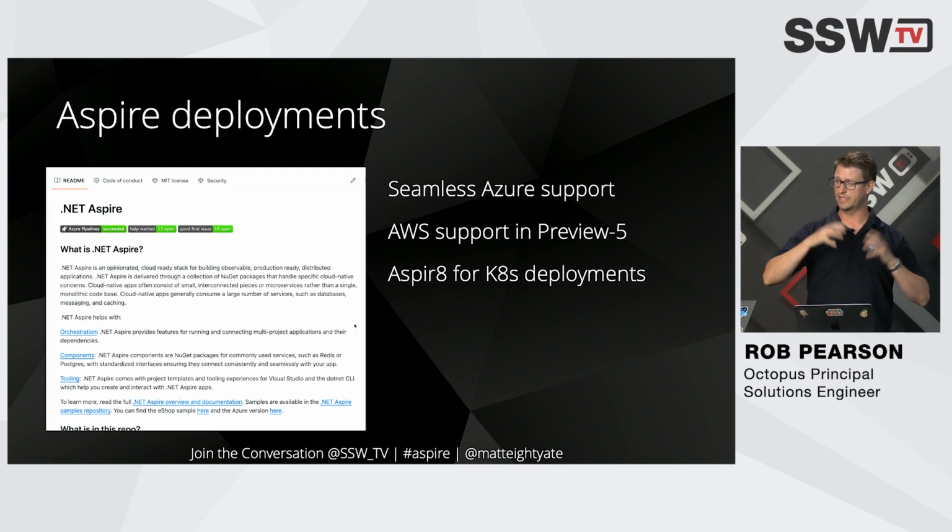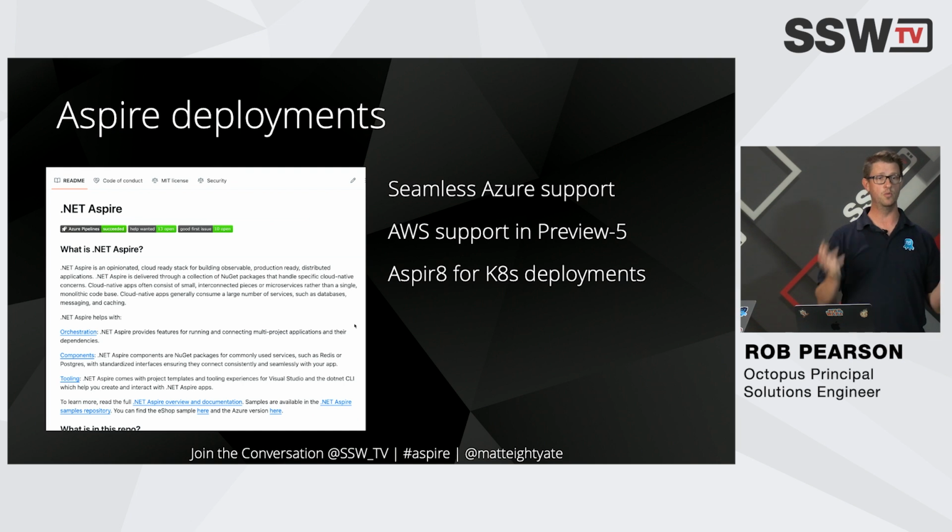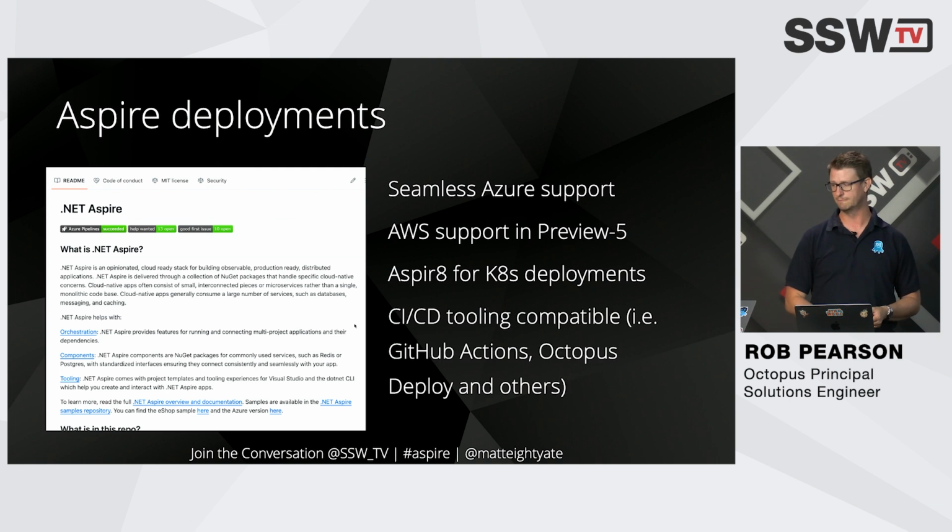And there's been a community project that spun up that is leveraging all the open, flexible foundation of Aspire, and it's allowing you to deploy to Kubernetes. That's the magic of all this tooling and the openness and flexibility. And the great thing is the deployment story is compatible with CI/CD tools.